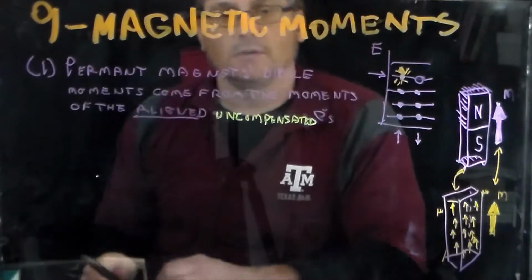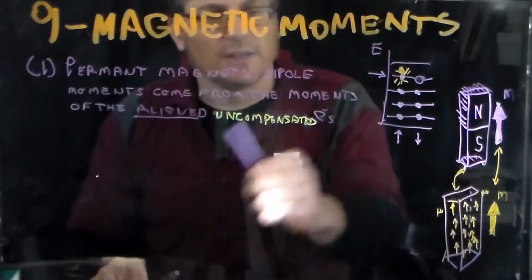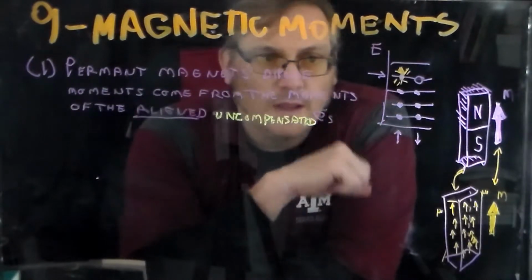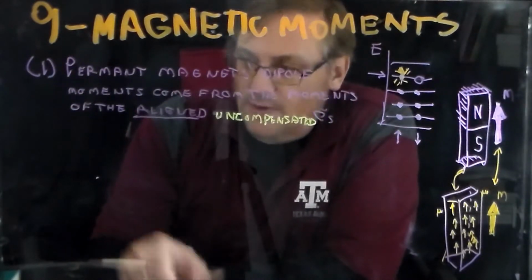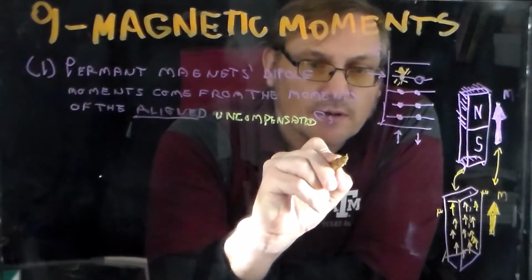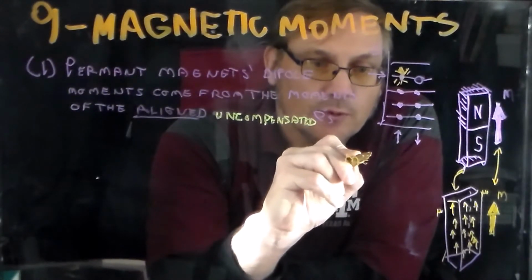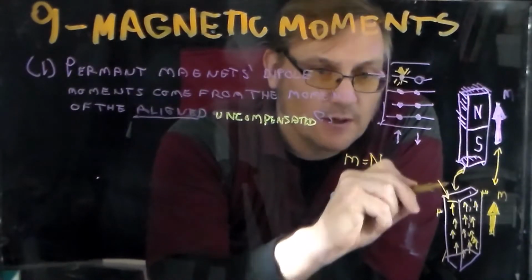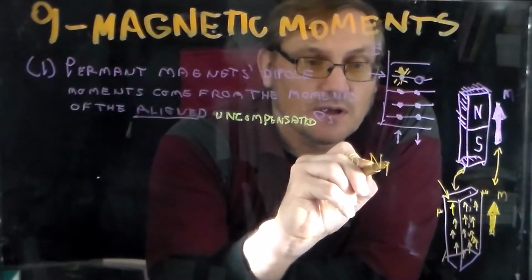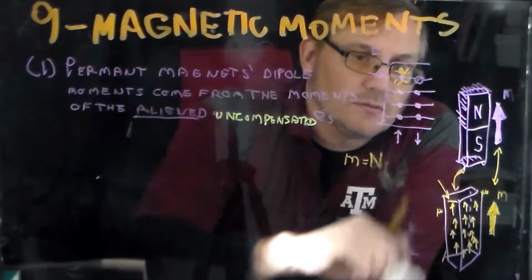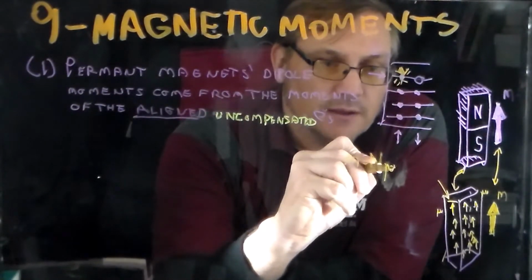Okay, so the aligned uncompensated electrons. That seems fairly simple, and actually that makes how we write this nice and easy, right? The magnetic moment is equal to the number of uncompensated electrons in here times the elementary moment, which is basically the Bohr magneton.